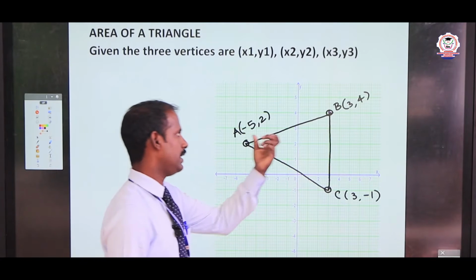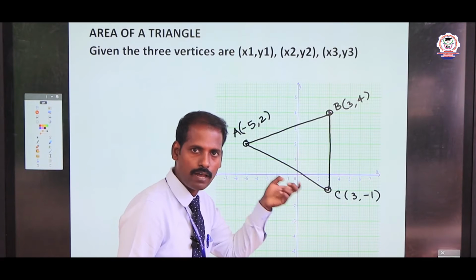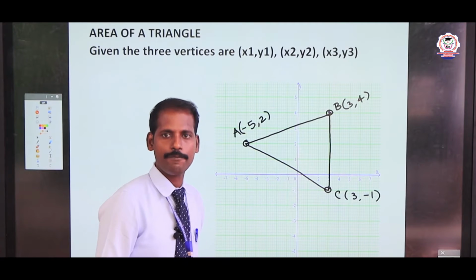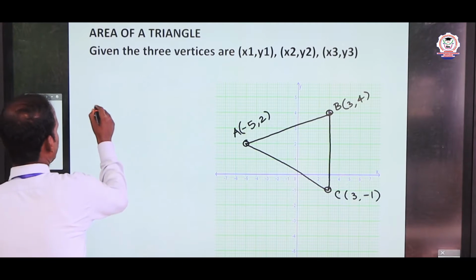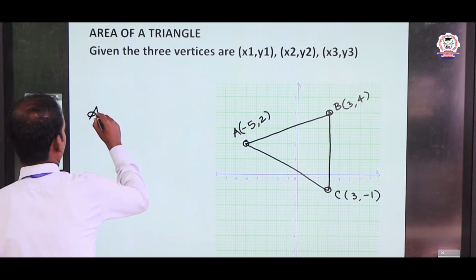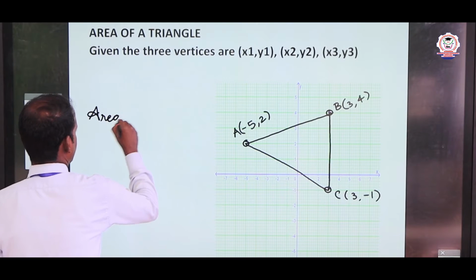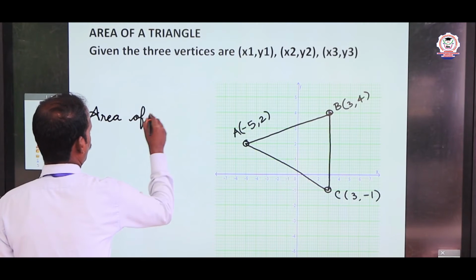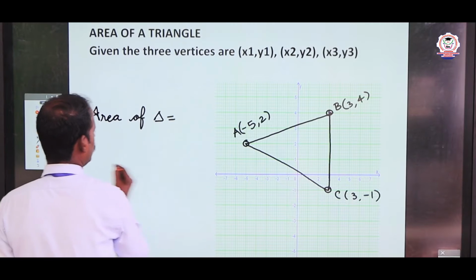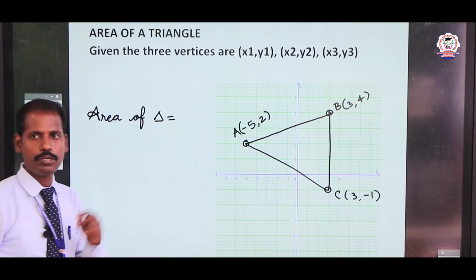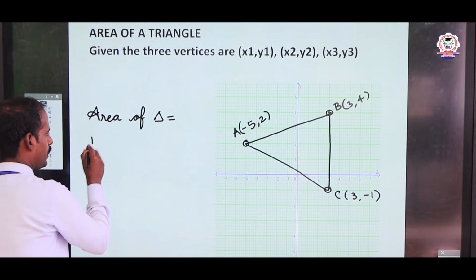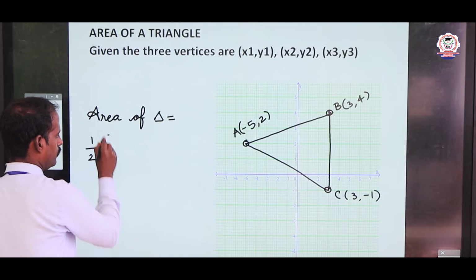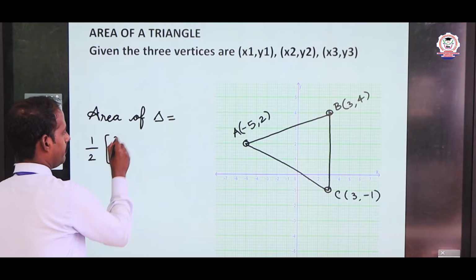So this 3 vertices given the values, how to find area of triangle? So now area of triangle is equal to, now there are two different methods. So first one we can write 1 by 2 square bracket.